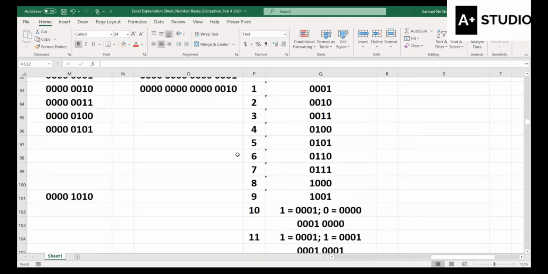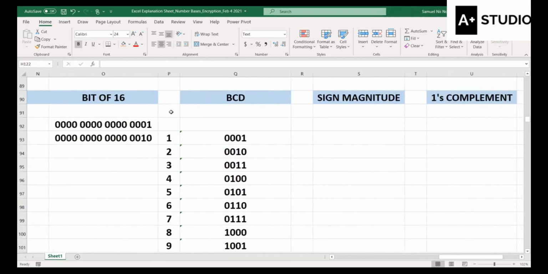This was BCD. Okay, so sign magnitude, make sure that the digits in front of your number are some extra zeros. So if I want to represent, remember this is 1, in BCD gave us this. If I want to represent this in sign magnitude, all I need to do is to change the leftmost 0 to 1.